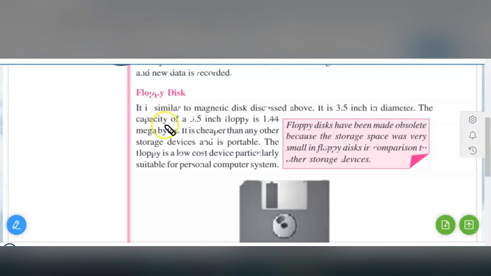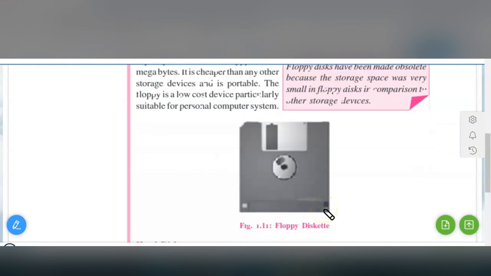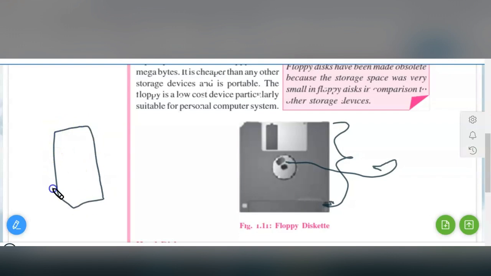Next one is floppy disk, which is not in much use nowadays. It is a very small device where you can store data. For the CPU you used to have a separate floppy disk area where you could insert the floppy disk and read the data that you had.